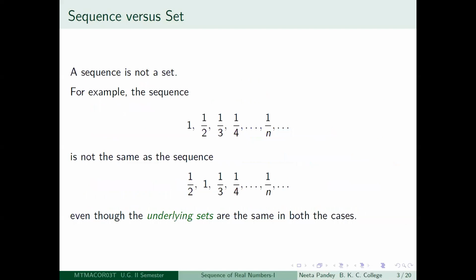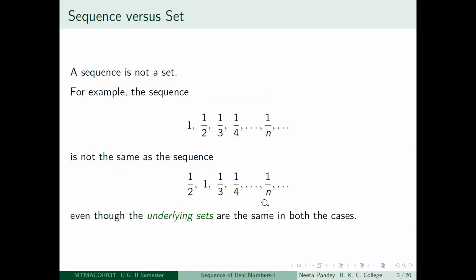As you saw in the previous example, the terms of the sequence are 1/2, 1/3, 1/4, etc. You could have manipulated it a little bit more, say you could have written 1/2, 1, 1/4, 1/3, then 1/6, 1/5, and so on. So every even and odd you just interchange, you get a new sequence.